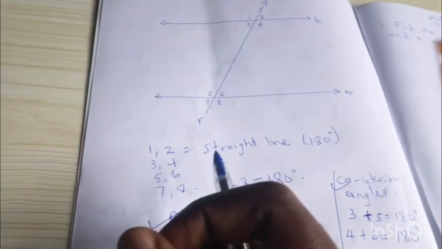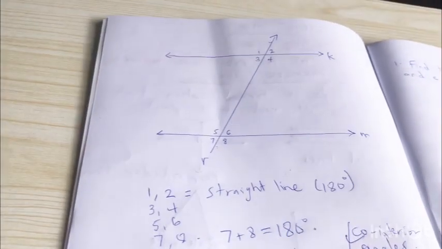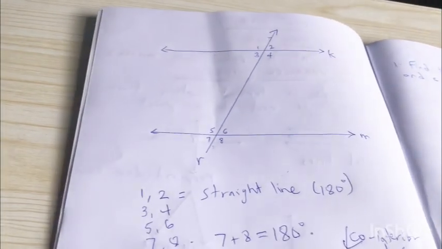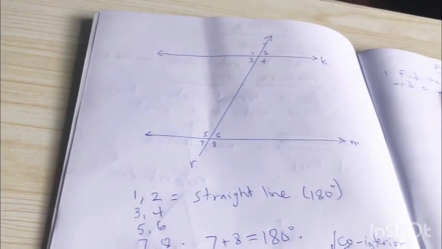You have to know this about this diagram, and it's very simple. If you are finding it a little bit difficult, you can slow down the video or watch it again, and I believe you get it.